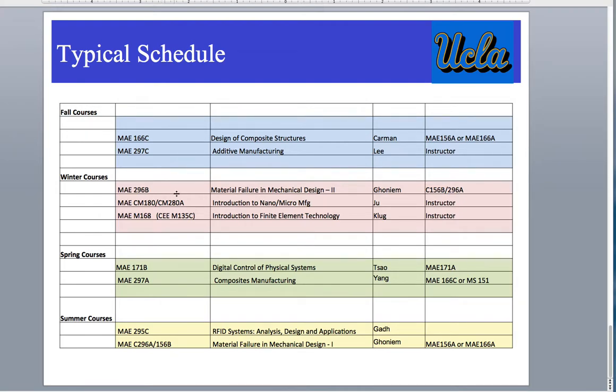And then in the winter, you have 296B, Material Failure and Mechanical Design 2, that's myself, and it has a prerequisite of 296A. So you would have taken 296A in the previous summer. And then we have 180, which is Nano and Micro Manufacturing, Professor Sontag Ju.